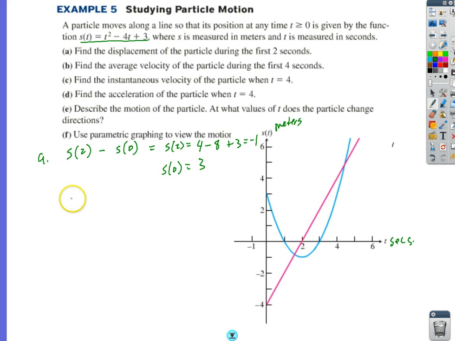And so now I have -1 minus a positive 3, which is equal to a -4. Okay. My displacement is a -4 meters.